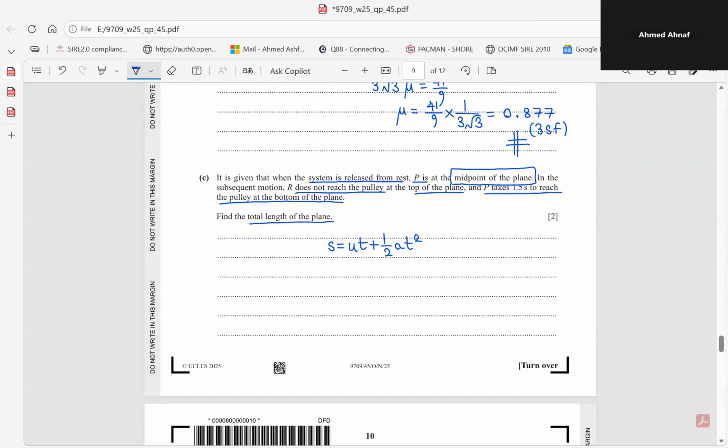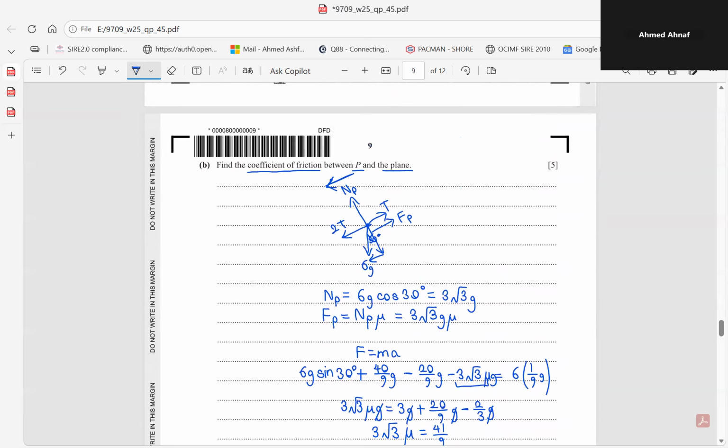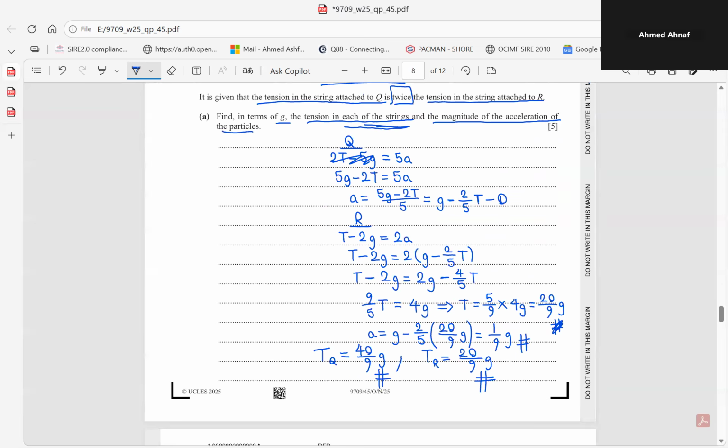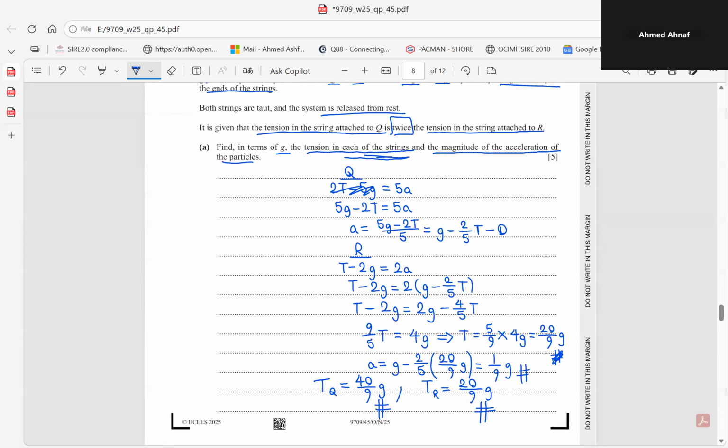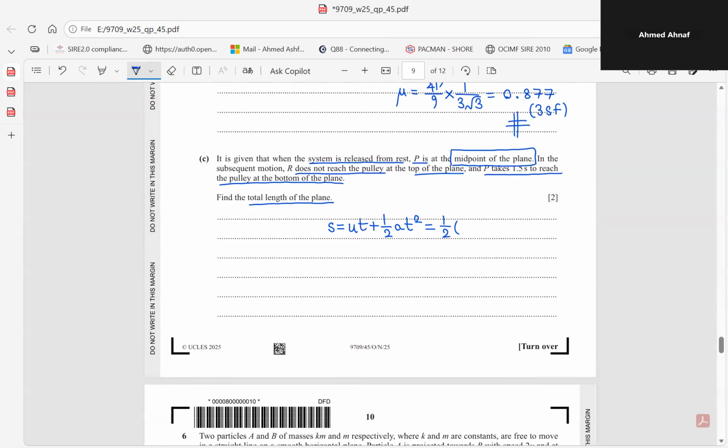So u is 0, so it's just going to be half, and a is 1 over 9g, and then t is 1.5 seconds squared. So half times 1.5 squared times 1 over 9g, you get 1 over 8g.